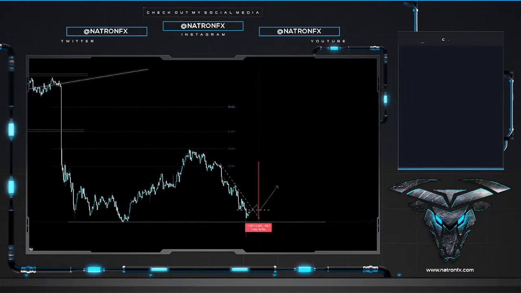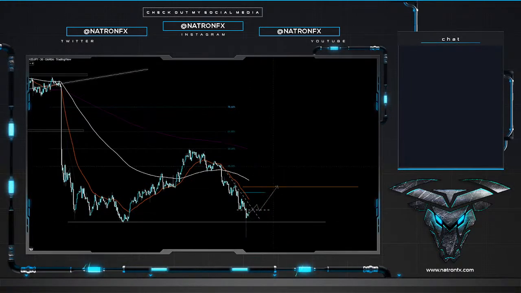That is a huge move right here. This is a 200 pip move. You'd think you might want to pull back.